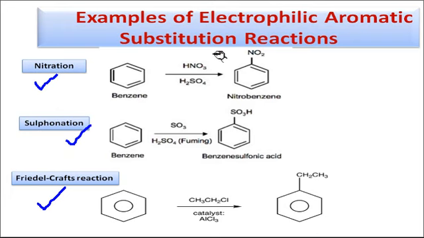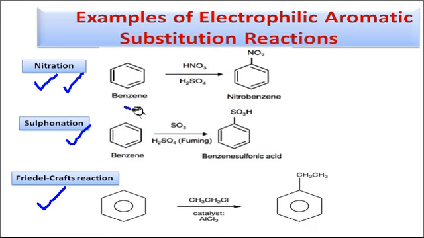A few examples are nitration of the benzene ring, sulfonation of the benzene ring, and the well-known Friedel-Crafts reaction, in which higher alkyl benzene is formed. So let us take an example here.